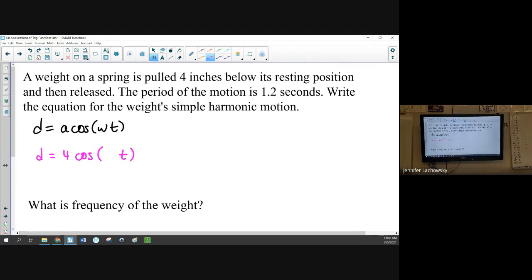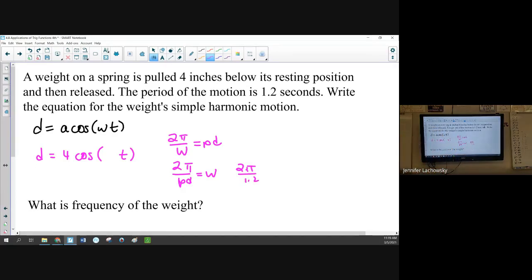Wait, well, what's t then? Is that time? T is time. Yeah. Okay. So for b, it's just 2 pi divided by 1.2. There you go. 2 pi divided by w equals the period, which means 2 pi divided by the period equals w. 2 pi divided by 1.2.